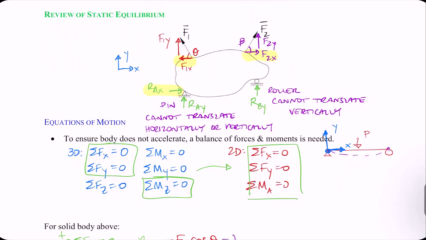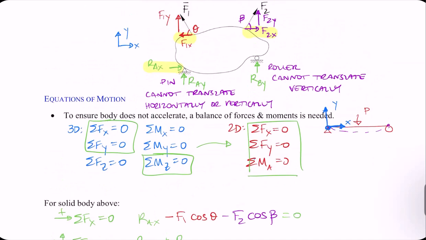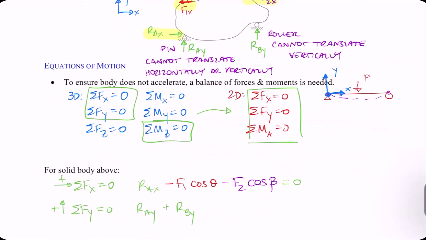And then minus F2 also cos beta because it's adjacent to the angle. And that should all add up to 0 if this body is in static equilibrium. You can also do it for the y direction. I've got RAY plus RBY, and then I have y components from both forces. Both are pointing upward, so F1 sine theta plus F2 also sine beta equals 0.